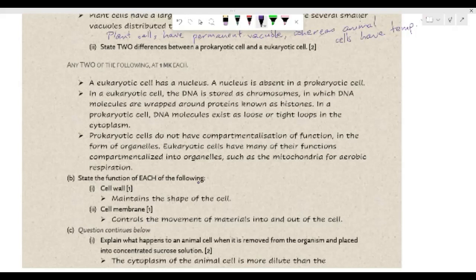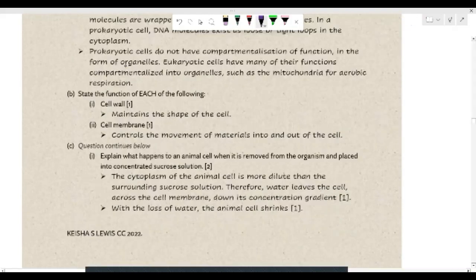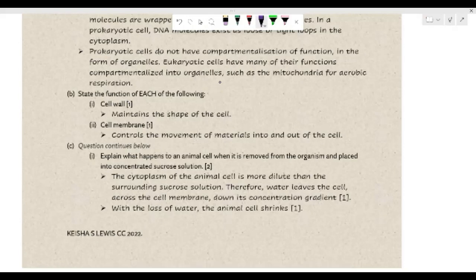There was something else, but I'll come back to it as I need to, right? So that's basically your prokaryotes and eukaryotes, okay? Oh, that's the point I was going to make. Another way that you can describe the difference is that prokaryotes do not have membrane-bound organelles. So let me just write that in.